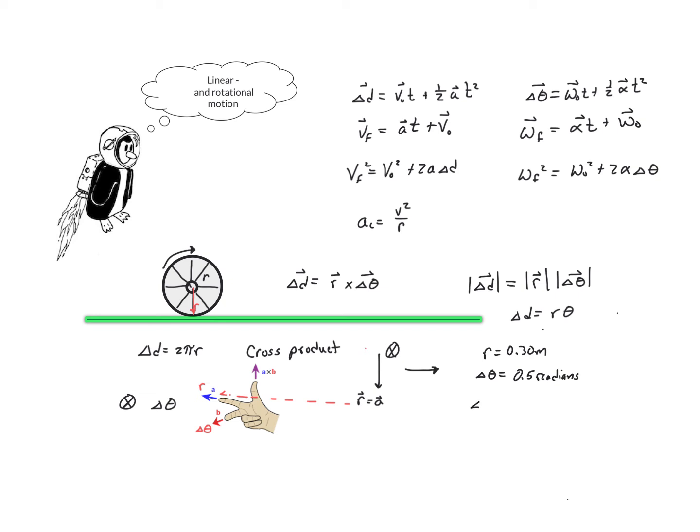Well, we can figure out that the wheel rolled forward r delta theta worth, or 0.30 meters times 0.5 radians, which is equal to 0.15 meters. So the wheel rolled forward 15 centimeters.